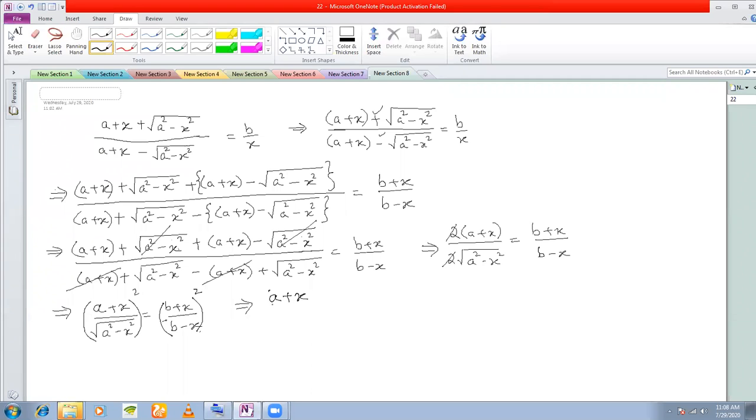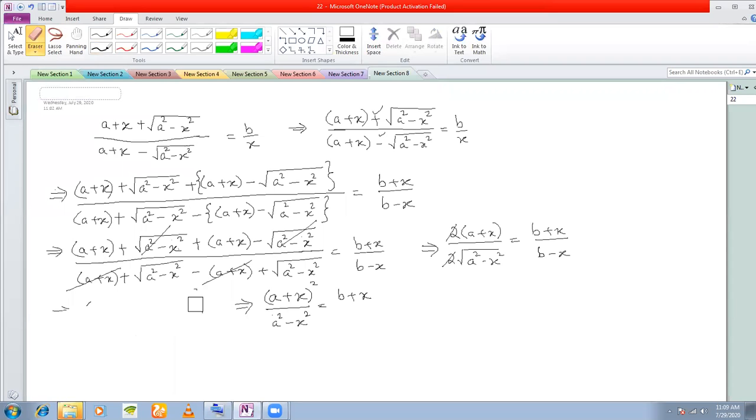So I get a plus x whole square divided by only a square minus x square. Or better still, in fact, before squaring, this is a better step.